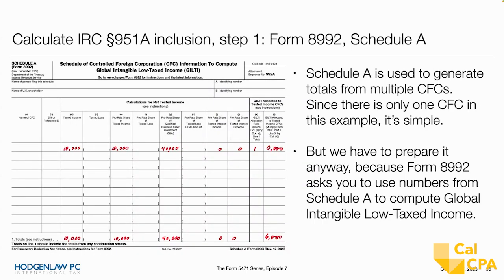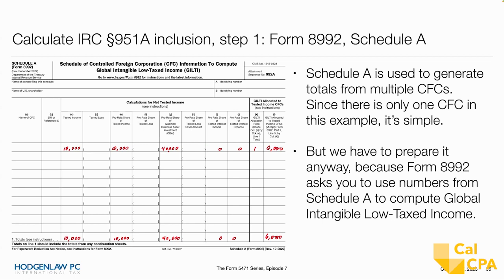You're going to take the Form 5471 I-1 over to Schedule A of Form 8992. And Schedule A is sort of the collecting tank for all of the Schedule I-1s that you have for all of the CFCs in which you own stock, and it aggregates all the numbers, pluses and minuses together. See, column E says tested income, column F says tested loss.